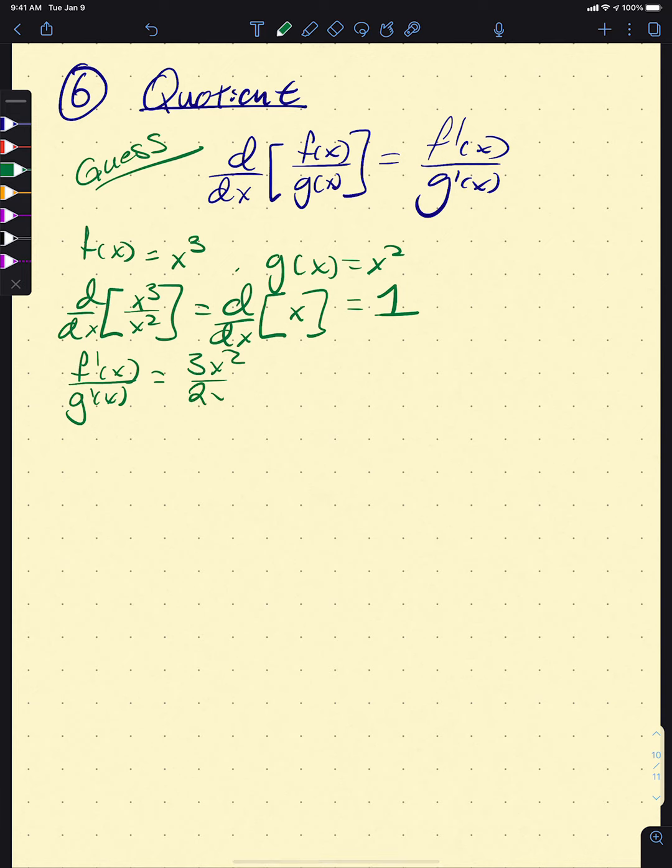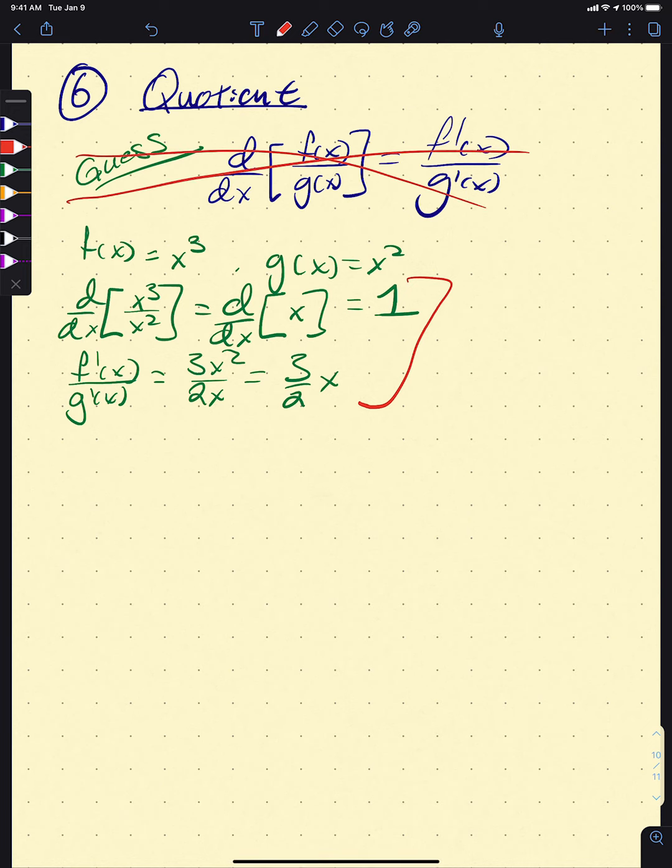G prime of x is going to be 2x, and we get 3 over 2x. Once again, these are different, so our guess is unfortunately not correct. Okay, that guess was wrong, and we need to find out what the actual quotient rule is.